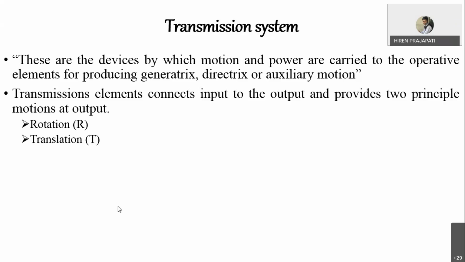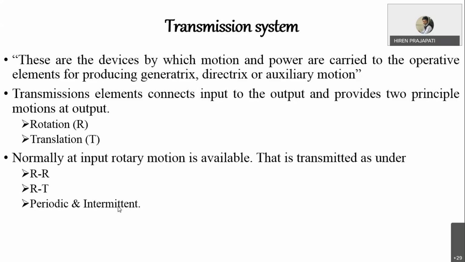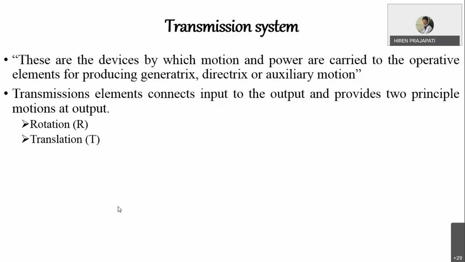We want two principal motions, rotary and translatory, as well as intermittent motion as an output motion. For example, if you talk about auto feed in lathe machines, a single motor is rotating the spindle, and the same motor is also giving power for the auto feed motion of the carriage.